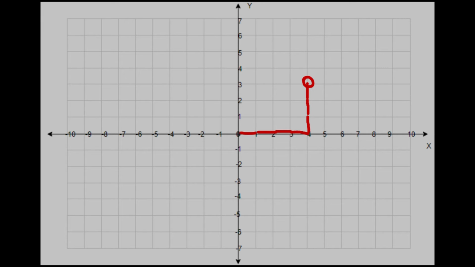This particular point is represented as 4, 3. So the first part of the point represents the number of steps taken towards the x-axis, and the second part shows the number of steps taken towards the y-axis.